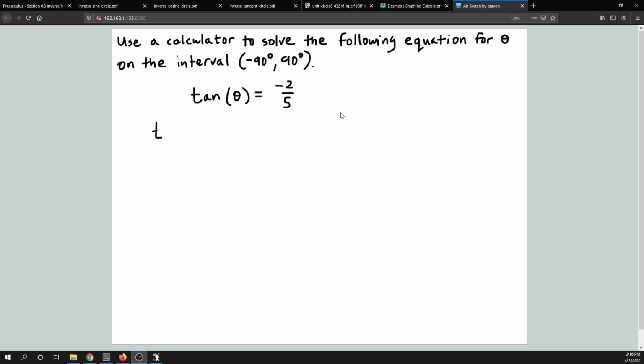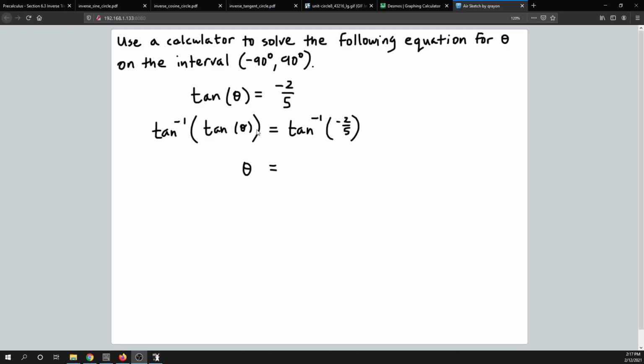If we take the tan inverse of both sides, so in other words, plug the left-hand side into the tan inverse function and then plug the right-hand side into the tan inverse function, okay? Then over here on the left-hand side, what we will get is just theta.